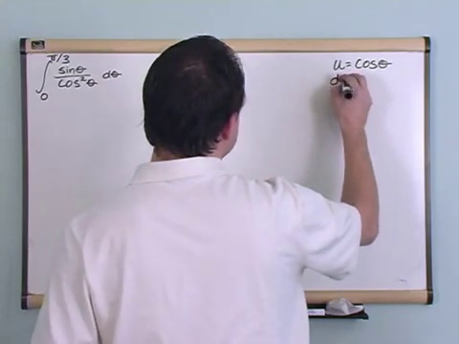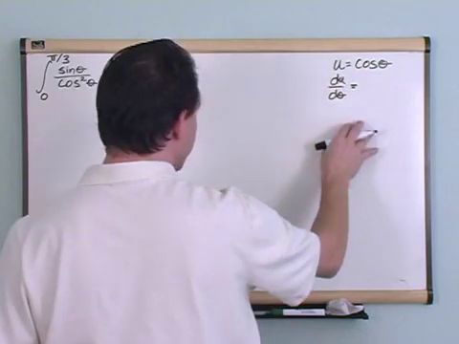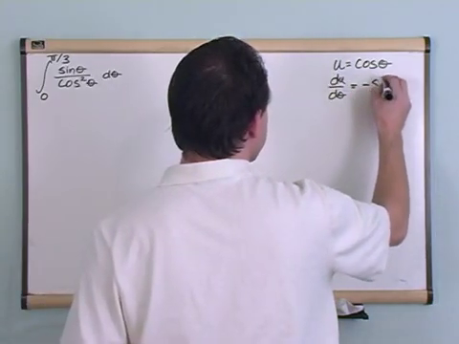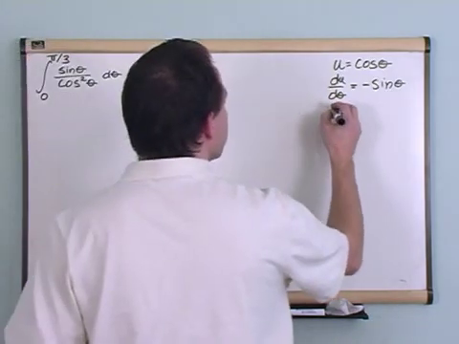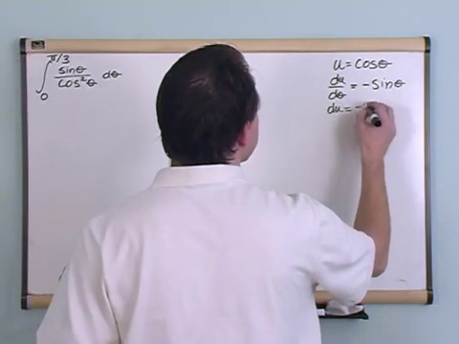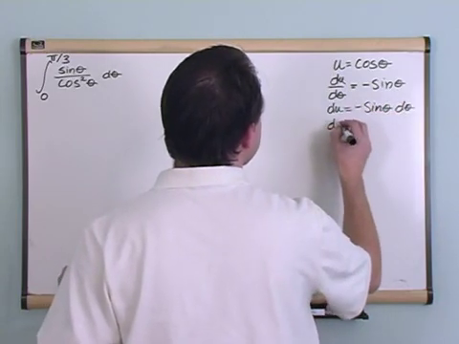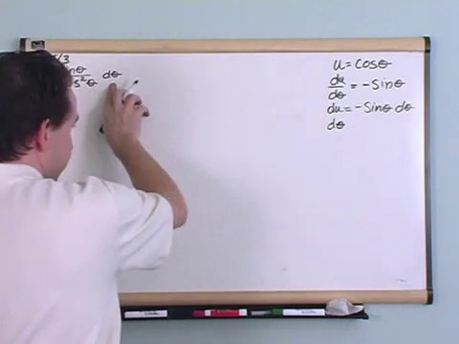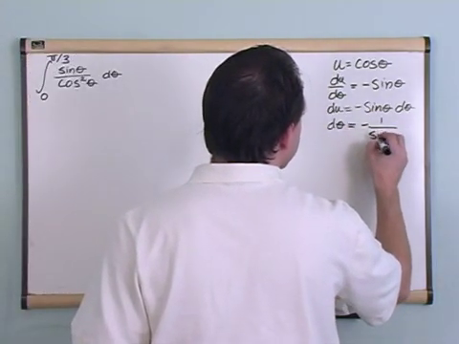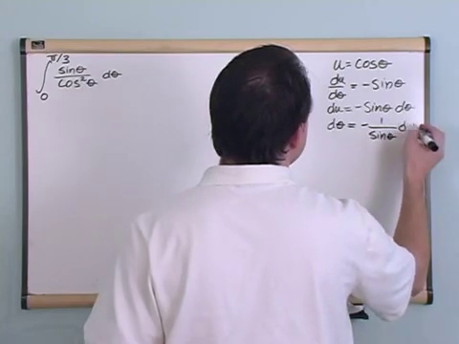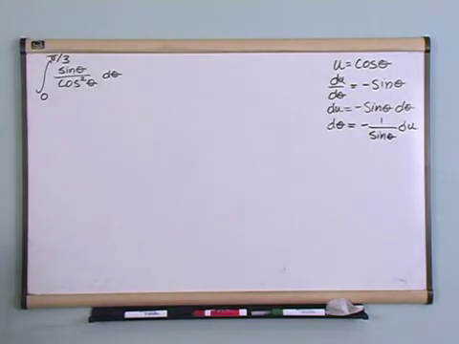So then du d theta, because that's the variable over here, the derivative of cosine is negative sine of theta, right? So then du is equal to negative sine of theta d theta, and then solving for d theta, because don't forget this integral is over theta, is negative 1 over sine of theta du. Again, it's the same old thing.